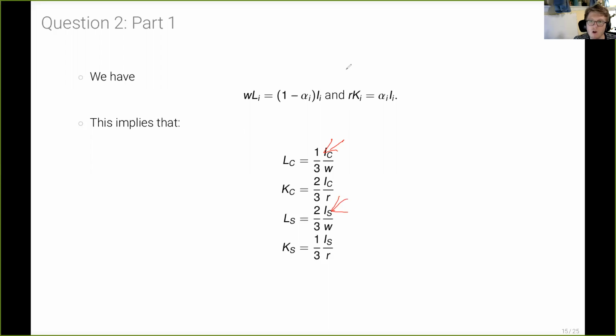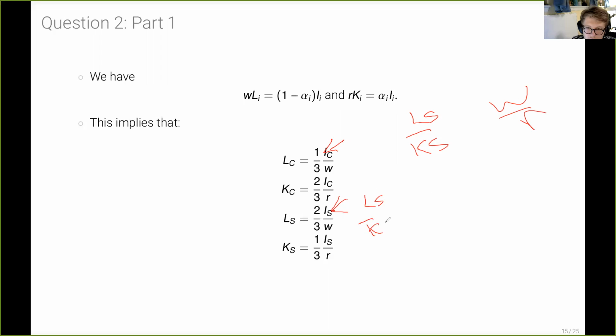But remember that all we're trying to do is get L_S and K_S as a function of W over R. So you can see that if we just take the ratio of L_S over K_S, these I_S's, which recall we don't really know, cancel, and then all we're left with is some function of W over R. So let's do that.